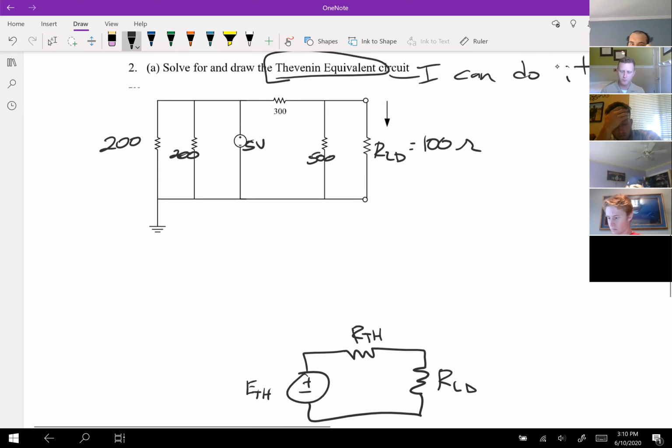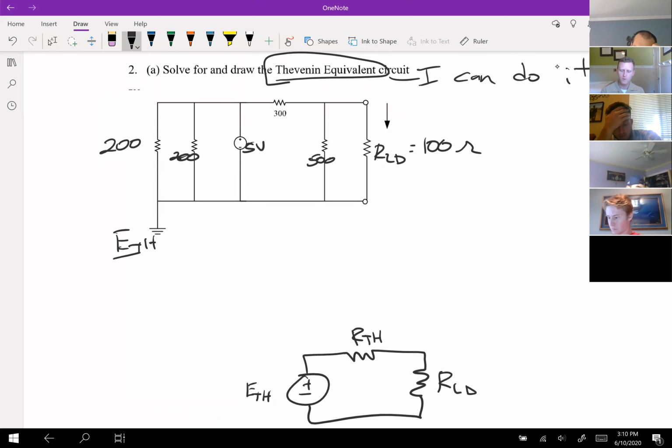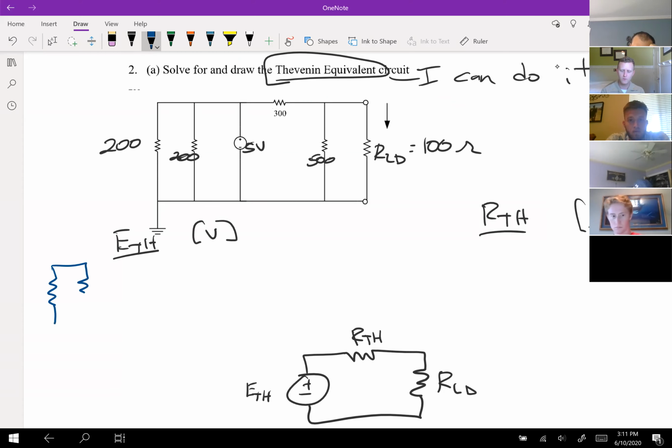And how do I do that? I do 2 different methods, one for R Thevenin, one for E Thevenin. For E Thevenin, we're looking for a voltage. For R Thevenin, we're looking for a resistance in ohms, right? I said it's often helpful to redraw, so I'll draw this part in blue now. So here's my E Thevenin circuit.